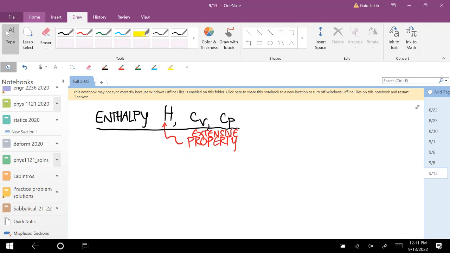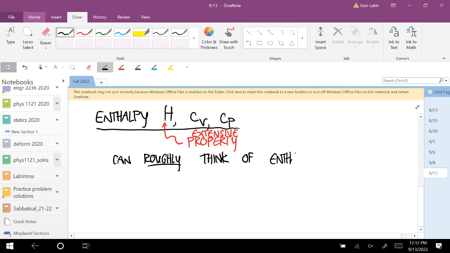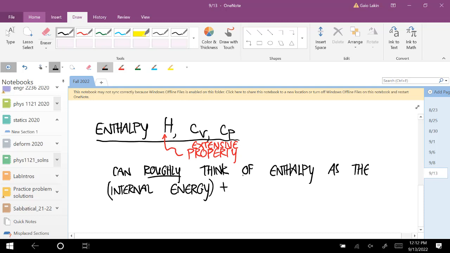Okay, so you mentioned this before. You can roughly think of enthalpy as the internal energy plus the work required to put the material into the volume that it occupies.